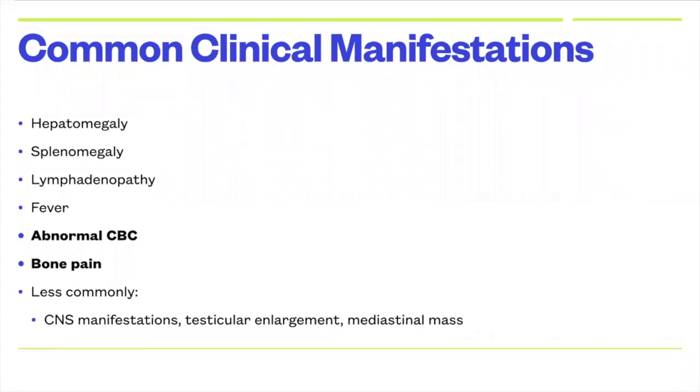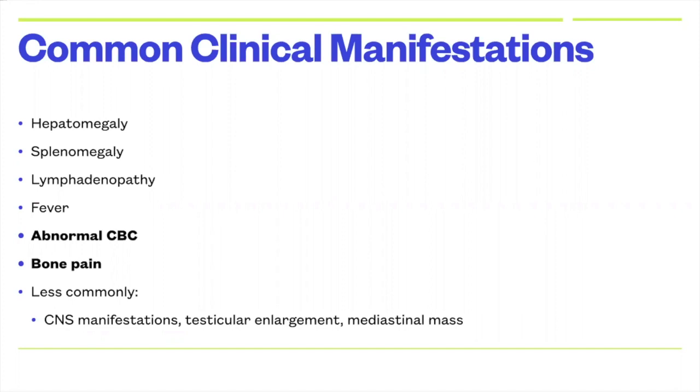Now, one of the cardinal features of ALLs is recurrent fever. Fever can present due to two main reasons. One, we already mentioned that there is going to be suppression of hematopoiesis within the bone marrow, which is going to lead to pancytopenias, especially neutropenia, which is a decreased production of neutrophils, the most abundant white blood cell.